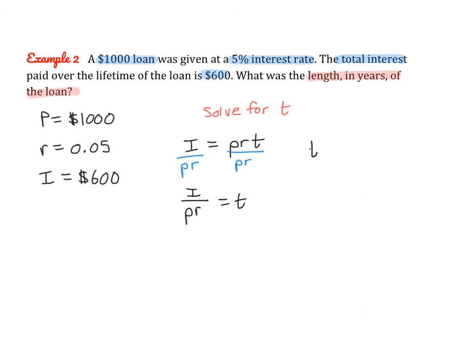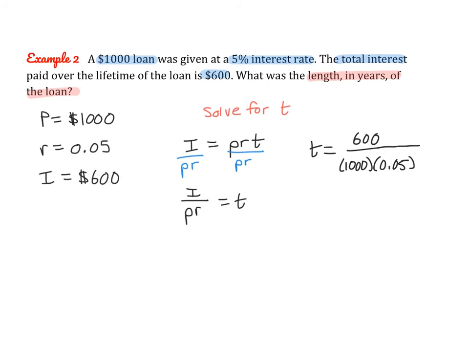So we can say T equals, we know from the information that I is 600 divided by P, which is 1,000, times R, which is 0.05. Make sure when you are simplifying this that you're dividing by the product of these two numbers.